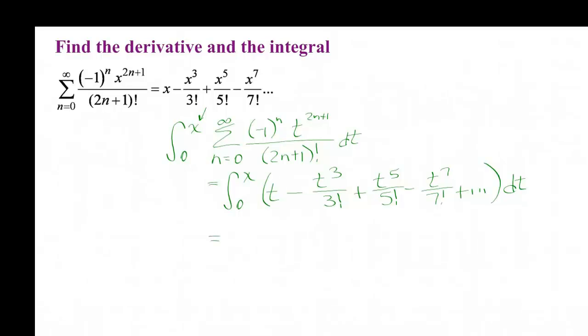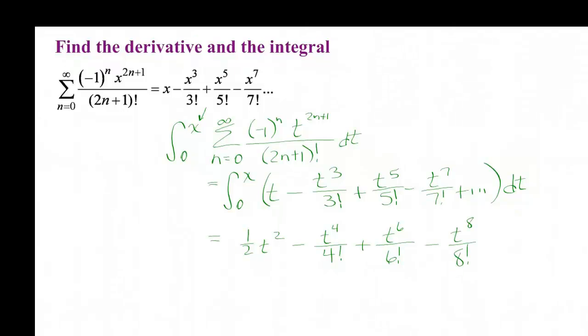And so that would equal 1/2 t squared. Again, we're going to have 1 over 3 factorial times 1/4 t to the 4th. So what we're going to get is t to the 4th over 4 factorial, just like in the last problem. Here, we're going to get 1 over 5 factorial times 1/6 t to the 6th. That yields us t to the 6th over 6 factorial.